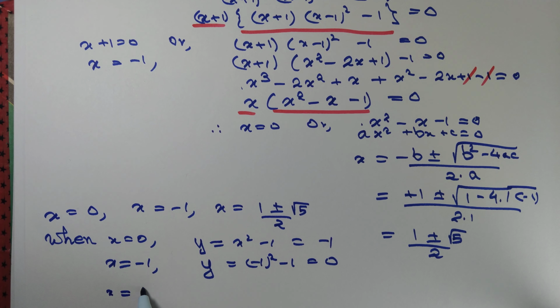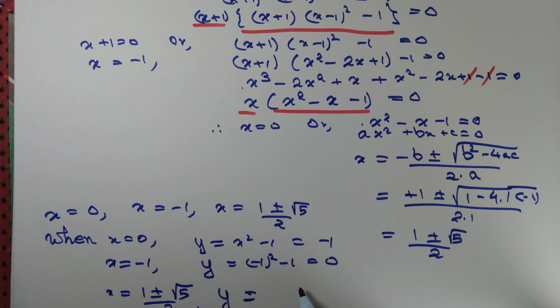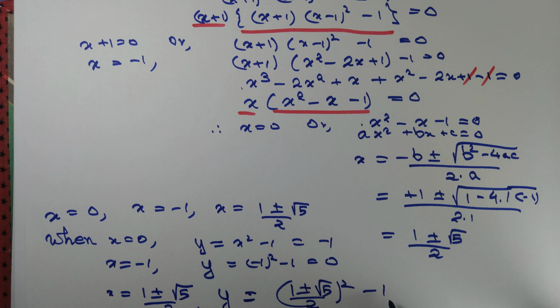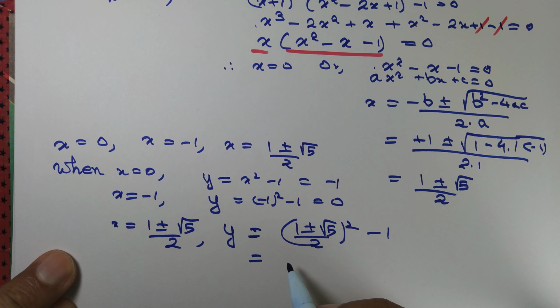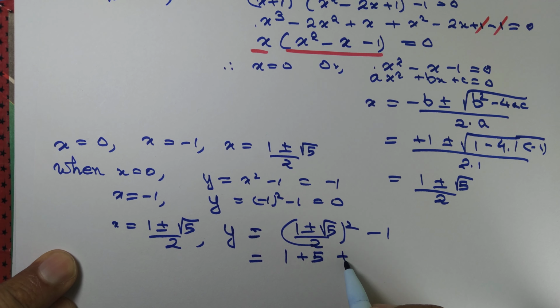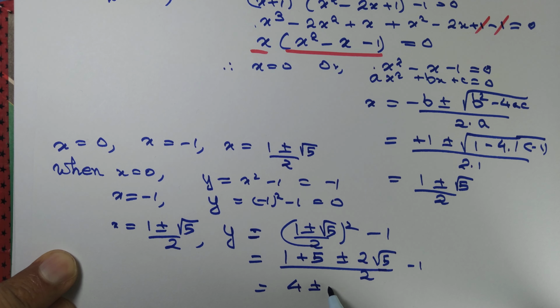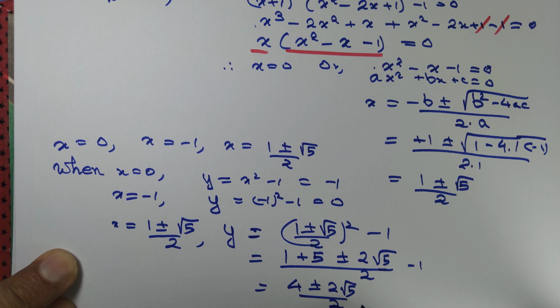When x = (1 ± √5)/2, y = ((1 ± √5)/2)² − 1 = (1 + 5 ± 2√5)/2 − 1. That's 6 − 2 = 4, so (4 ± 2√5)/2, which equals 2 ± √5.